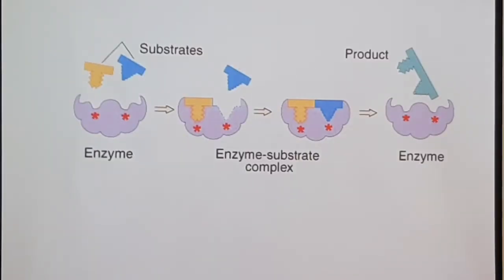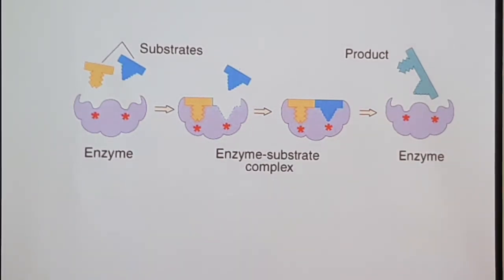See this one. The enzyme doesn't have fixed active sites. They are flexible. It is a flexible molecule. Yellow and blue are the substrates. It recognizes the substrate, and accordingly the enzyme modifies itself.